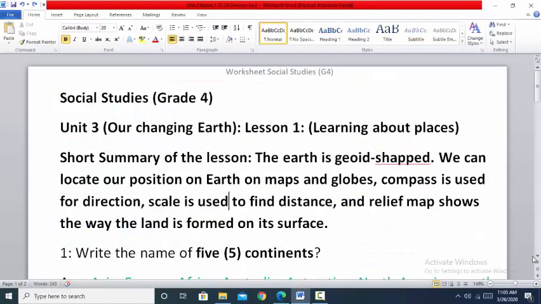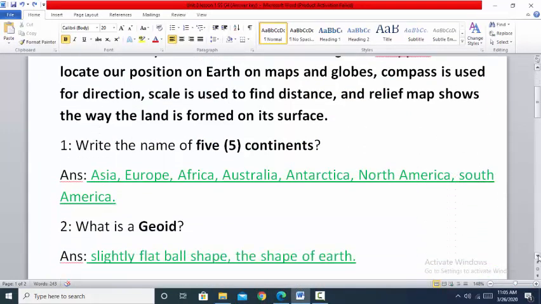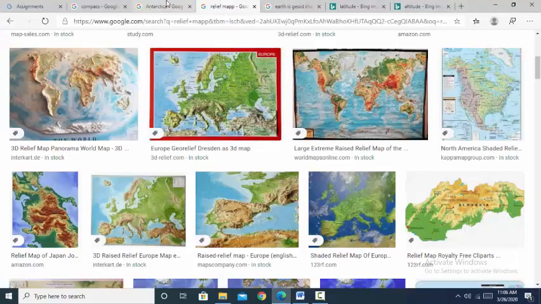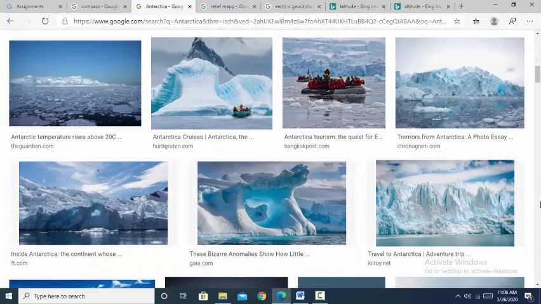Okay, the first question. Name the 5 continents. We'll write about them. The first one is Asia, then Europe, Africa, Australia, and Antarctica, and this is Antarctica. It's very, very cold over there.